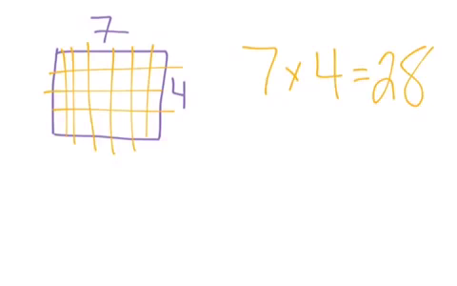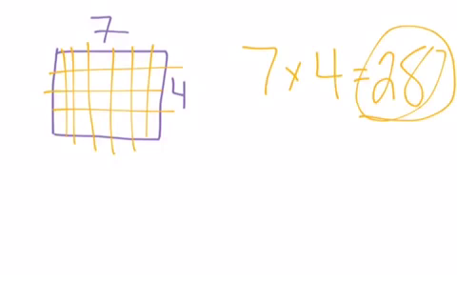But if you want to save time and do a different method, you can just do 7 times 4, and your answer for 7 times 4 will be the area that is within that shape. So 7 times 4 is going to be 28, and that would be the area of that shape.